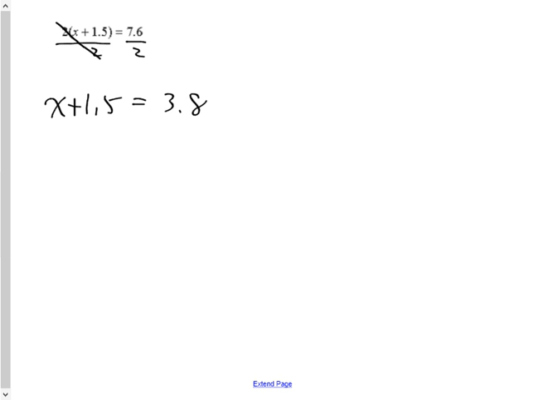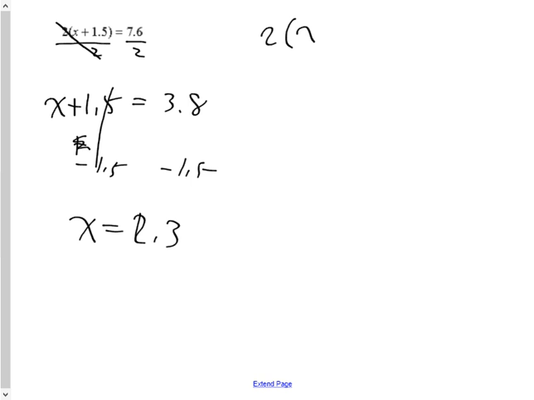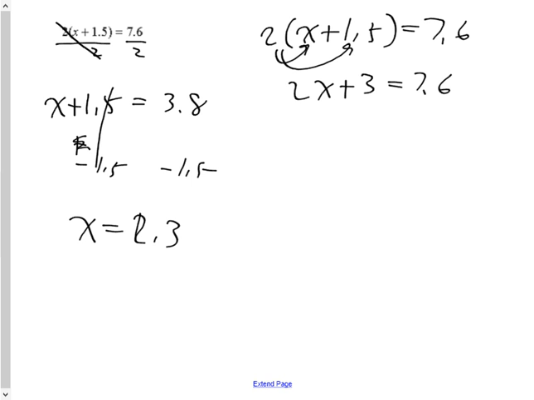And once I know that, I'm going to subtract 1.5 from both sides, and x will equal 2.3. Alternatively, if you did expand, you get 2x plus 3 equals 7.6. Subtract 3 from both sides, you get 2x equals 4.6. Divide both sides by 2, and x will equal 2.3 still.